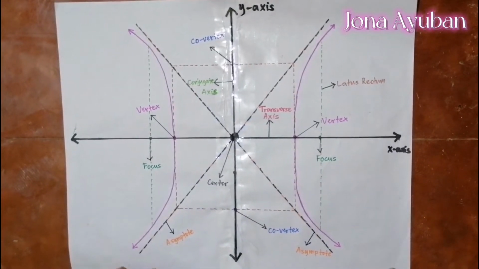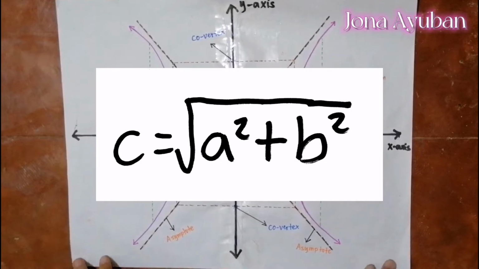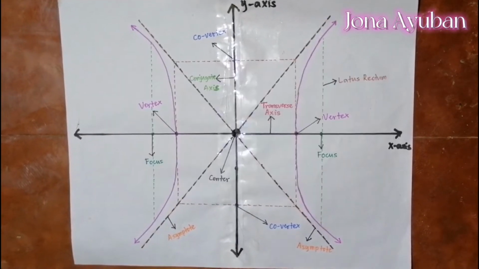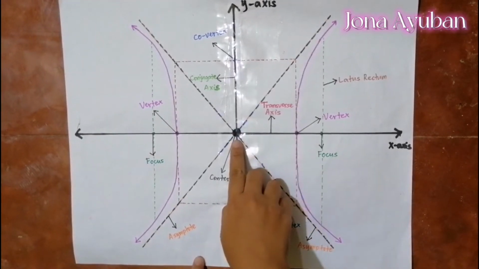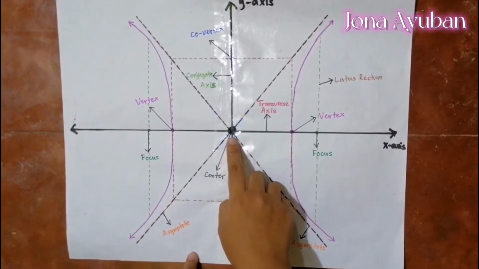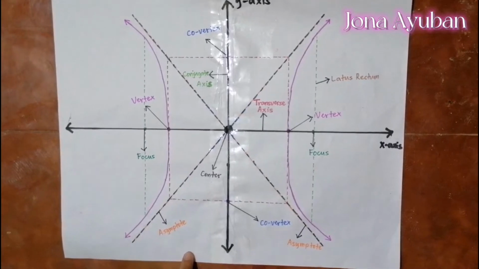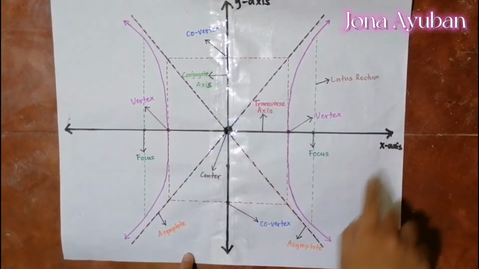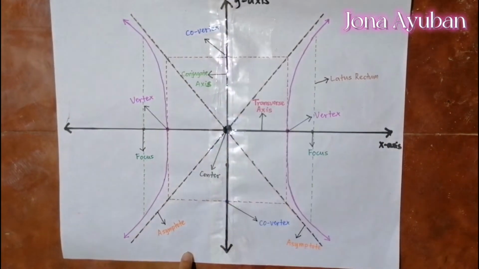To get the focus, we must use the Pythagorean theorem. The midpoint of the line connecting the two foci is named the center of the hyperbola, and it can be found here. The transverse axis can be found here, and the conjugate axis is on this part.